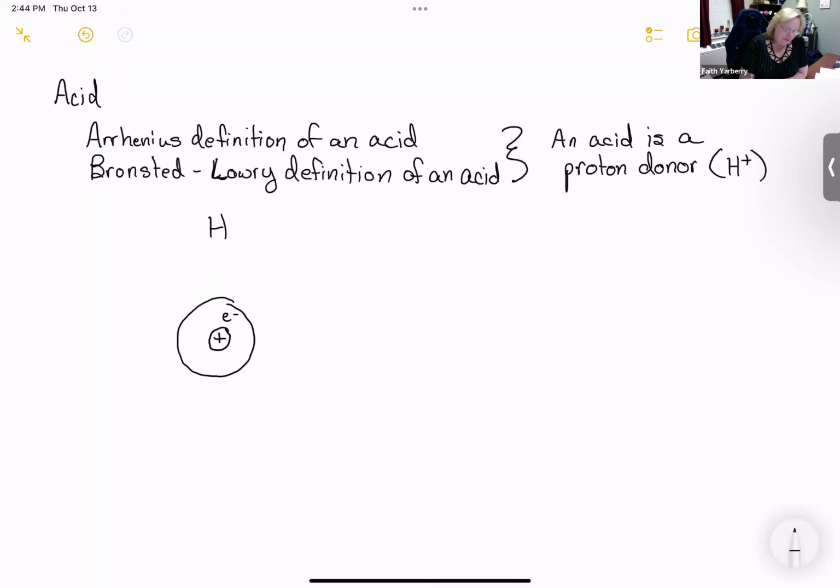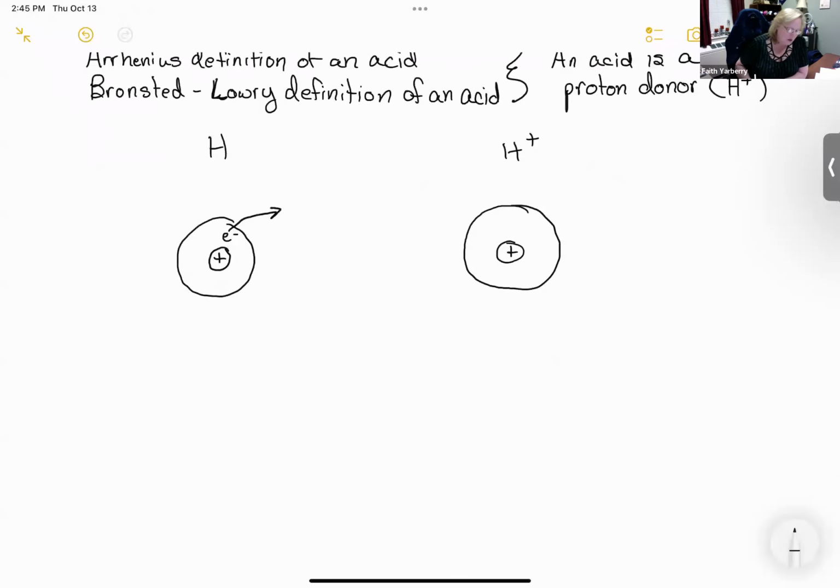Now, if we were to allow hydrogen to ionize, what would be left is a proton in the nucleus and absolutely nothing left in the cloud. And therefore, you would have the H+. So H+ is called a proton often because that's all that's left is the proton itself. So again, an acid is going to be a proton donor.